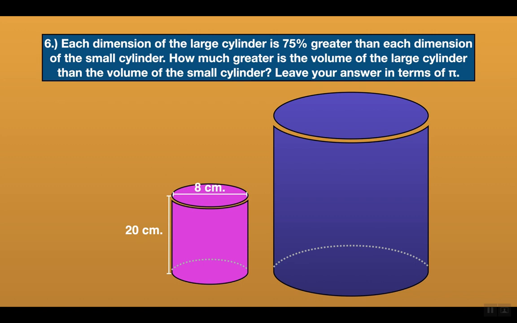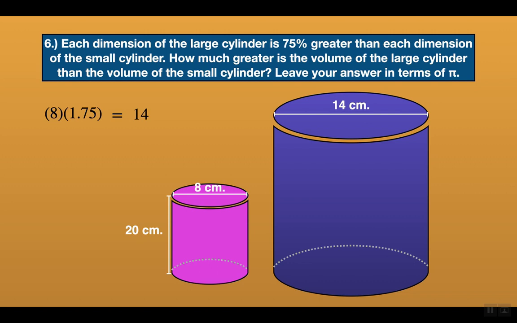In my opinion, the easiest way is to multiply 8 times 1.75. That's going to give me a number that's 75% greater than 8. So when I multiply 8 times 1.75, that's going to give me the diameter of the purple cylinder, which is going to be 14.